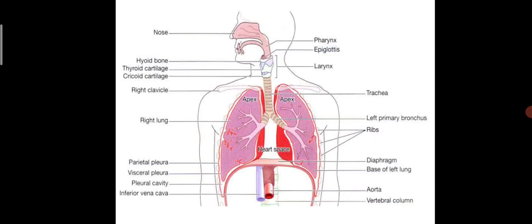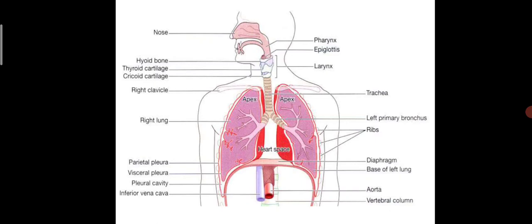The lungs are placed within a pleura cavity. This cavity protects the lungs from friction, and it provides support to the lungs. Then this lung is situated on diaphragm. This diaphragm is the base of lung.